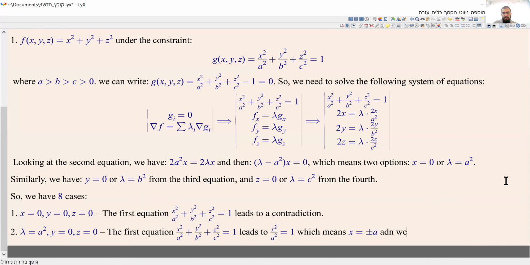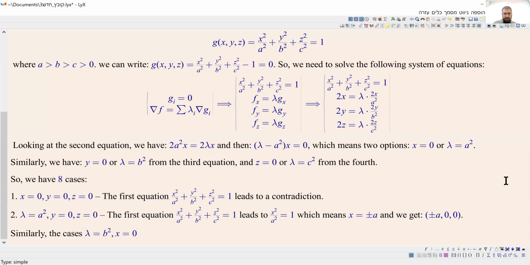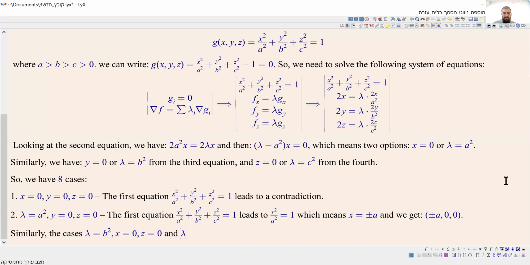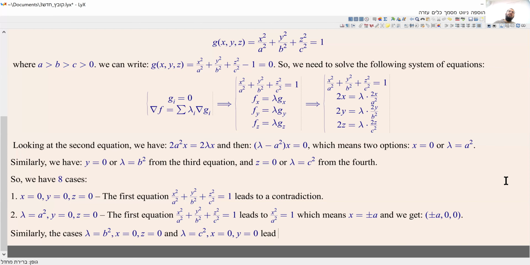Similarly, the cases where lambda is b squared and x and z are 0, and where lambda is c squared and x and y are 0. Are they mutually exclusive? Yes, they're different cases that solve the system.